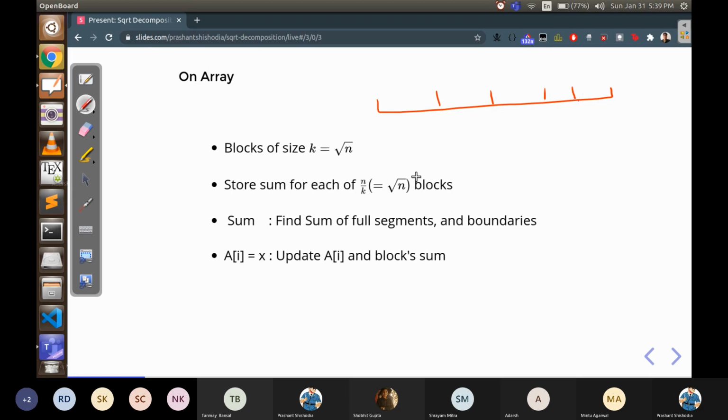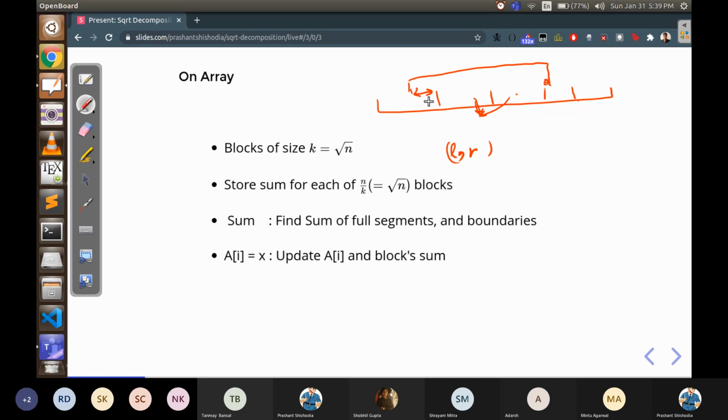Whenever I am given a query LR that I am supposed to find the sum of, I consider the sum of these blocks. I pre-calculate the sum of all the blocks. I consider this sum and I can traverse over these boundaries separately.